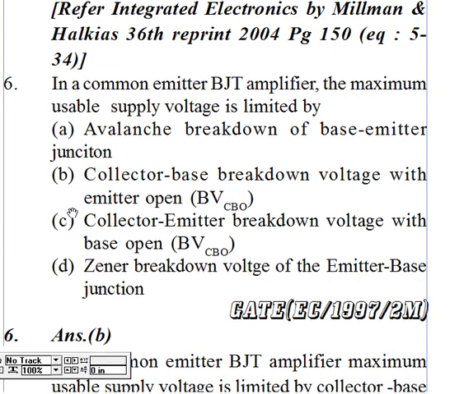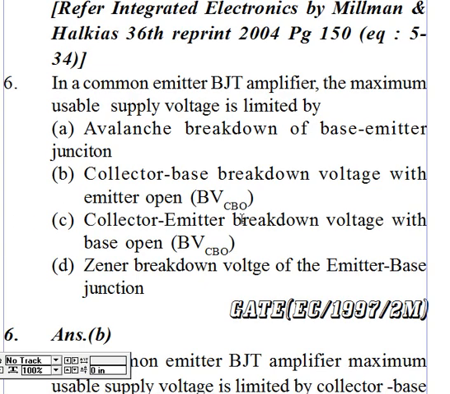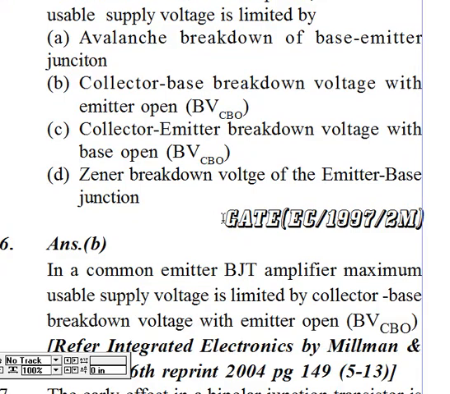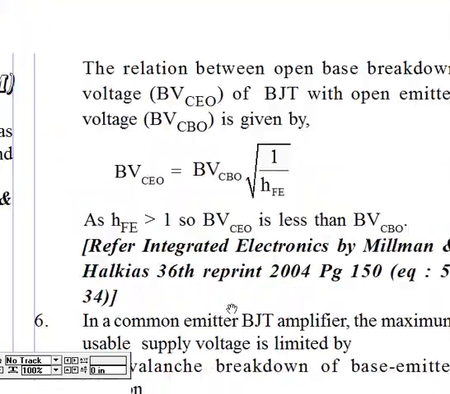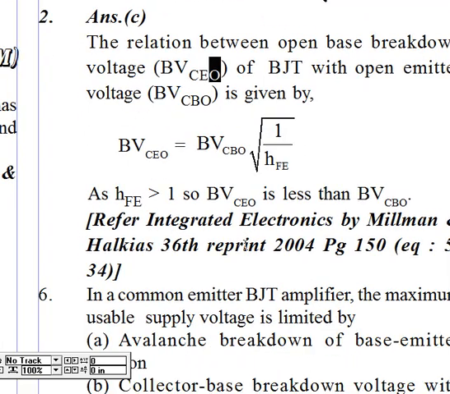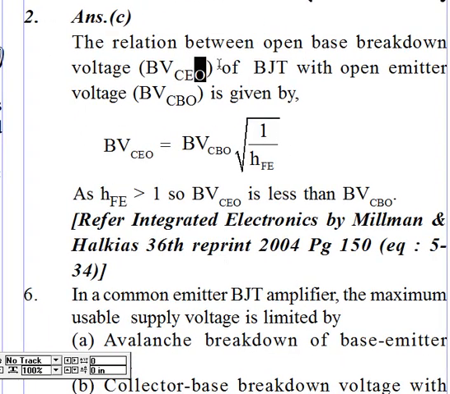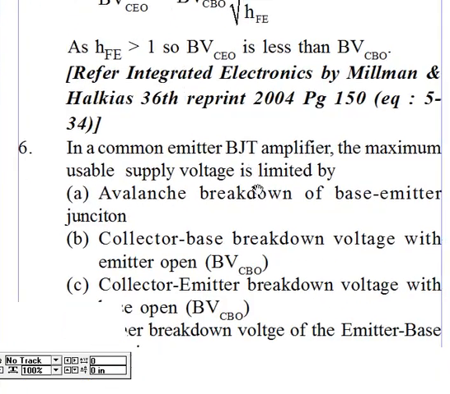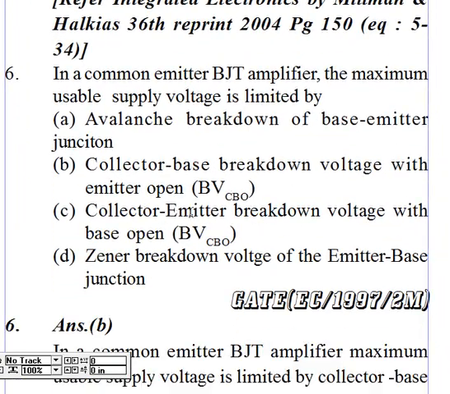So here there is a correction, it is not given here, you can see that when emitter is open it is BVCBO, and when base is open it is BVCEO. So collector emitter breakdown voltage with base open should be BVCEO.